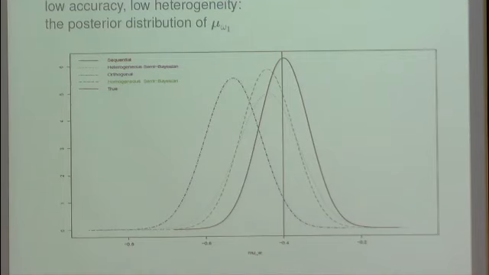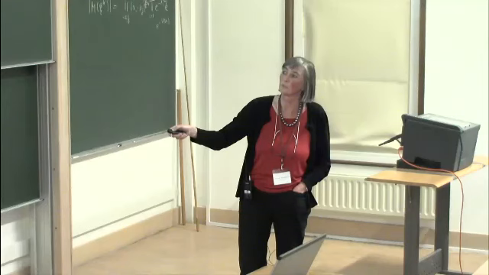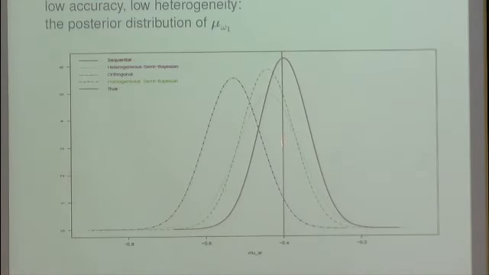Now we have not just one parameter in the mean, we have a lot of parameters in the mean. So averaged over the different parameters in the mean, you get the root mean squared error here for the low accuracy, low heterogeneity case. So this is a summary of what you would get on the previous slide, but then for different parameters in the mean vector.